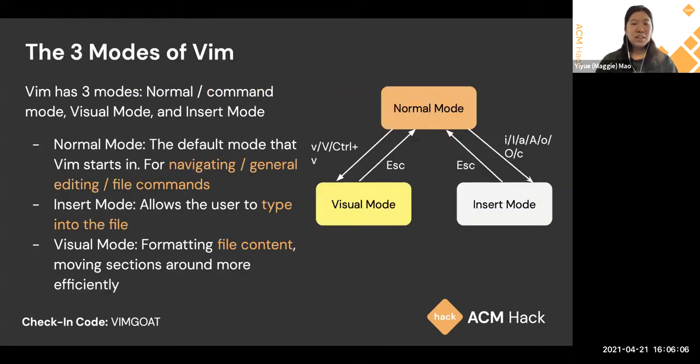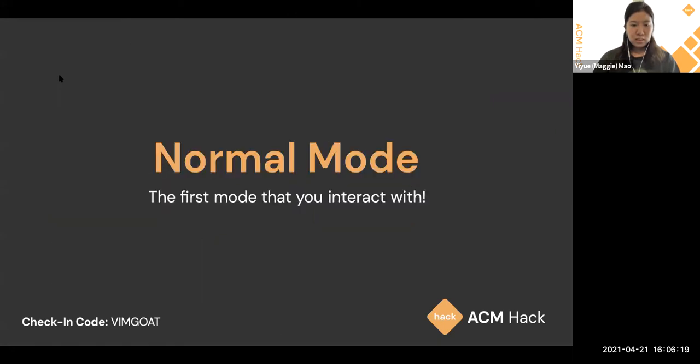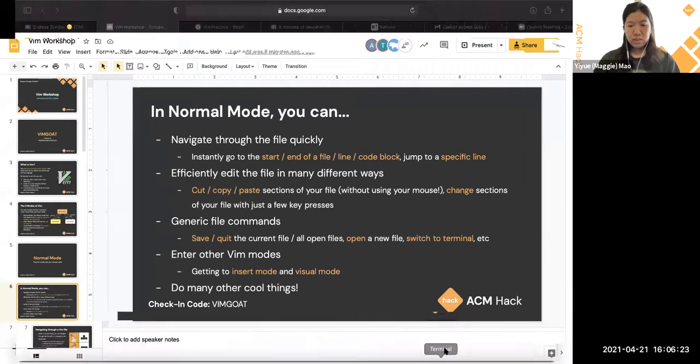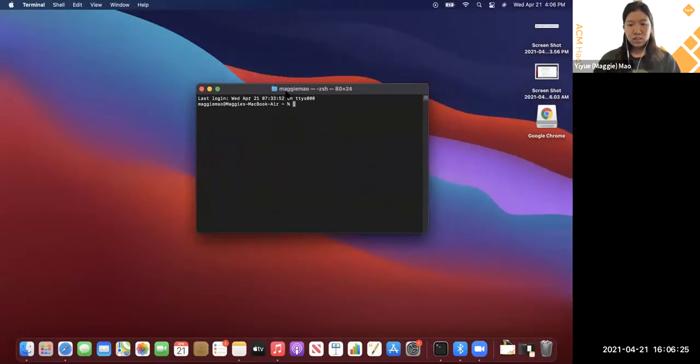So today we're going to introduce the three main modes of Vim, which are the normal mode, the insert mode, and the visual mode. And I'm going to demonstrate how to enter Vim first. On terminal, because it's a Unix macOS machine, Vim is already pre-installed.